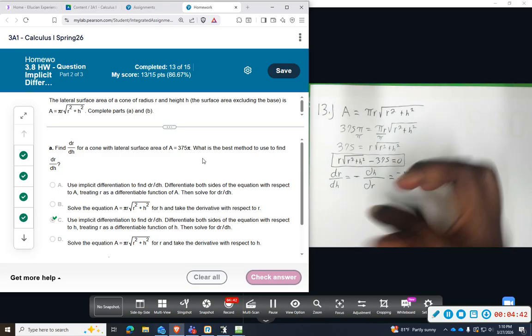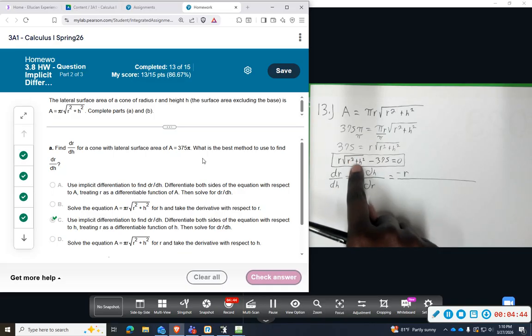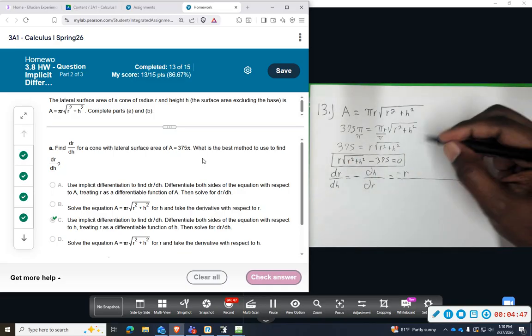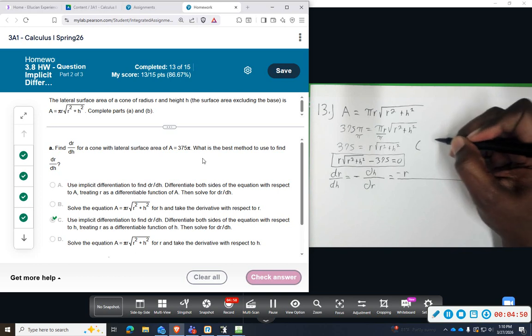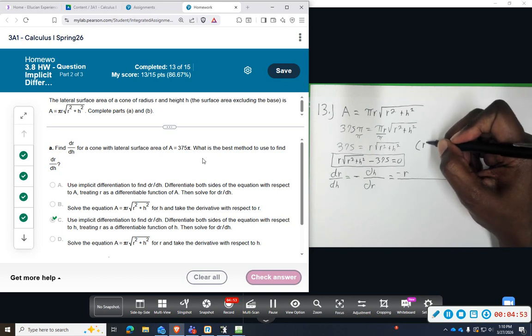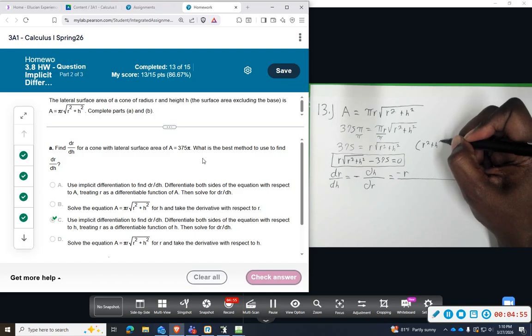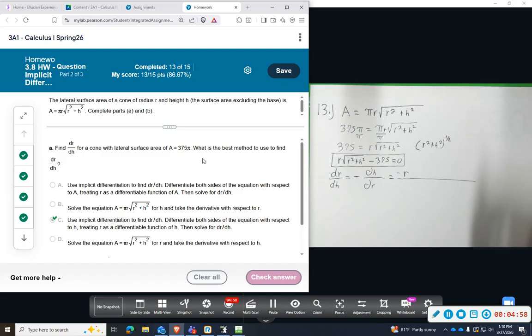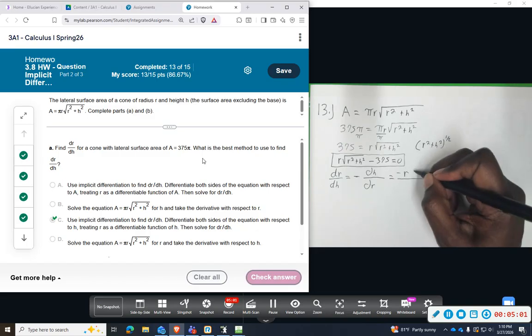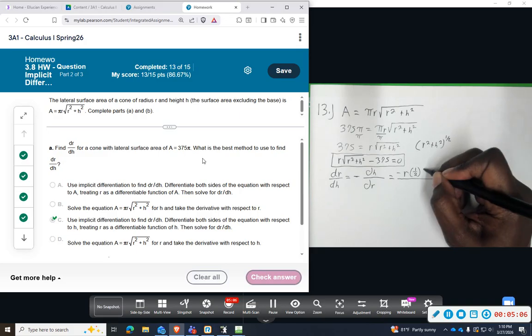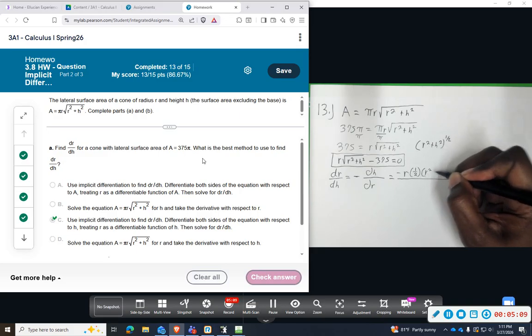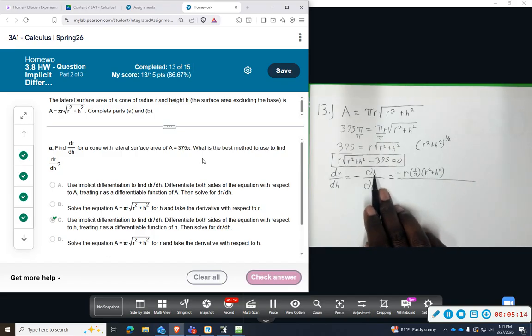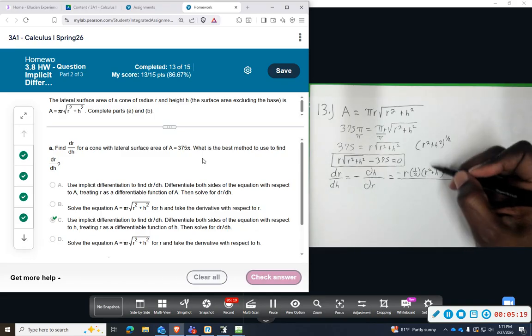When we do the derivative of this part, it's inside of the grouping symbol, so we'll have to do the chain rule. I'm looking at the square root as r squared plus h squared raised to the 1/2, so I can do the power rule. We multiply by 1/2 and write down the inside, leaving it alone.